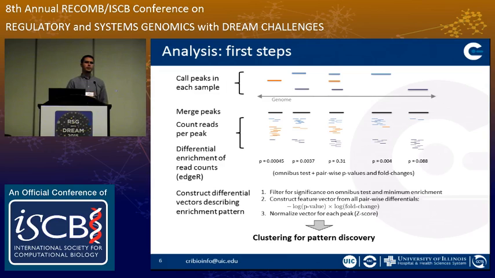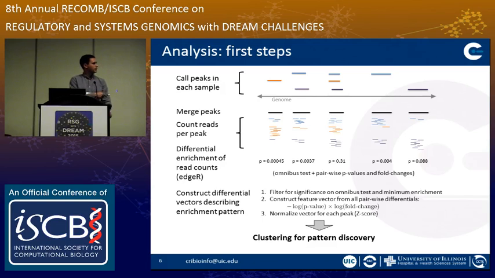But once I have these read counts, I can do differential expression with a program like EdgeR. It's written for RNA-seq, but it does differential expression, differential enrichment for count data. And I can compute p-values for changes across all the conditions, so an omnibus test, and I can look at various pairwise p-values and fold changes across my different peaks, or across my different conditions.